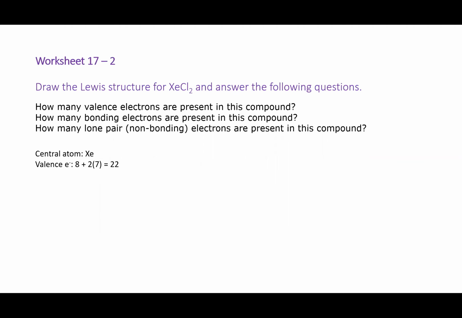the chlorines. And we have 8 electrons coming from xenon, and we have 7 electrons from each of the chlorines, and there are 2 chlorines, so we get a total of 22 electrons for our valence electrons. And using that, we can come up with a structure like this.